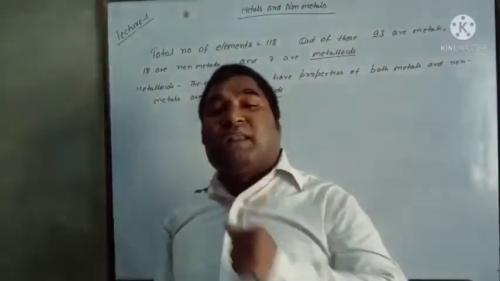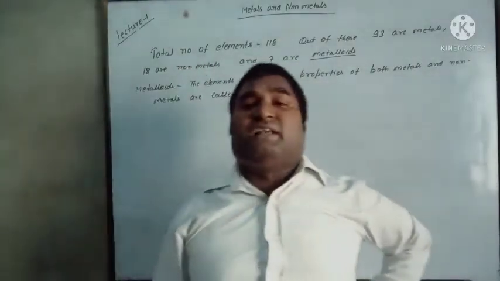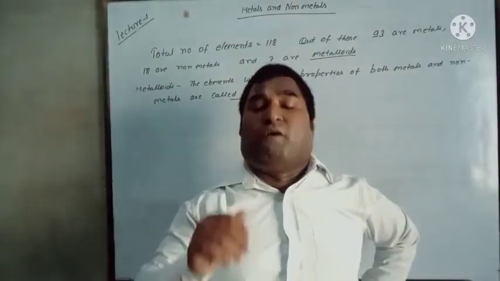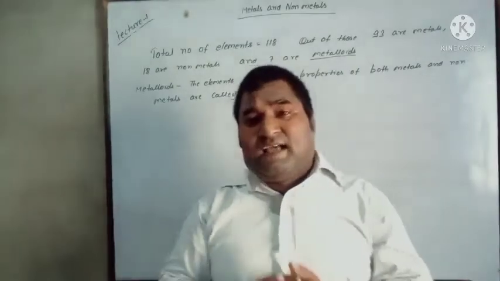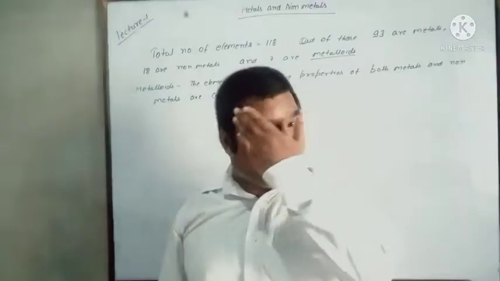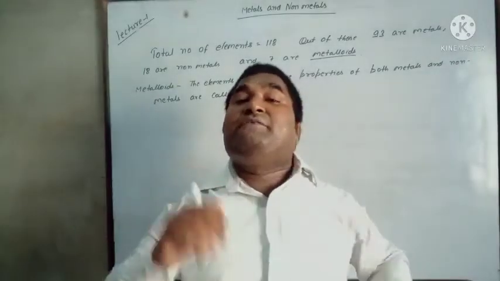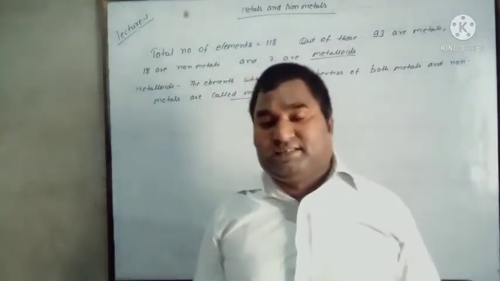But aluminium is a reactive metal. It is found in combined form, and the ore from which it is obtained is called bauxite. Iron is a highly reactive metal. It is found in combined form, and its ore is called hematite.